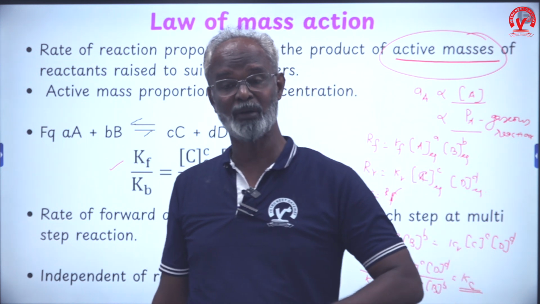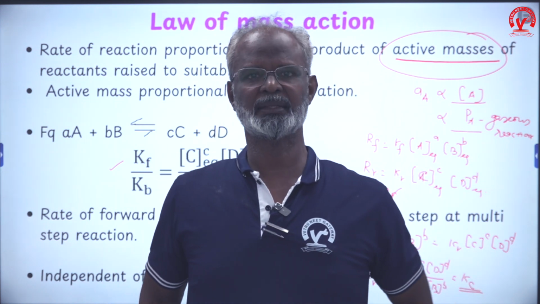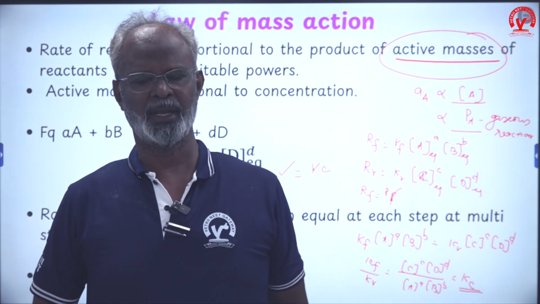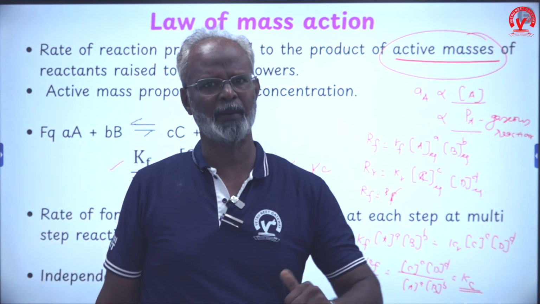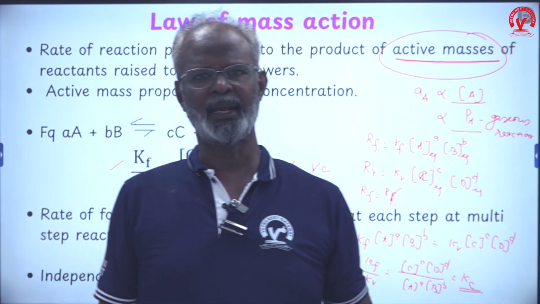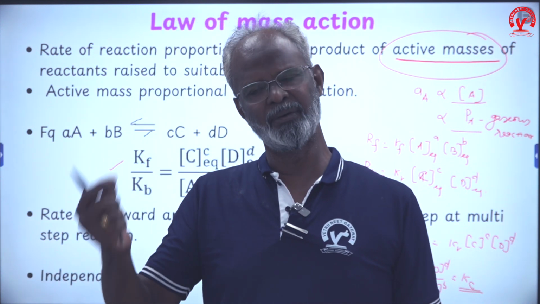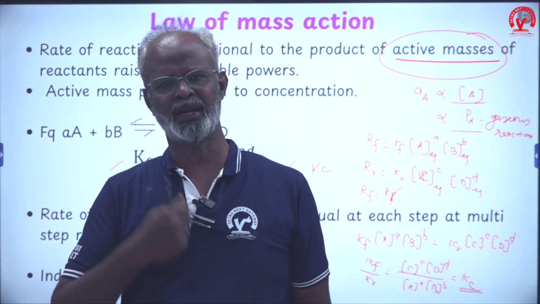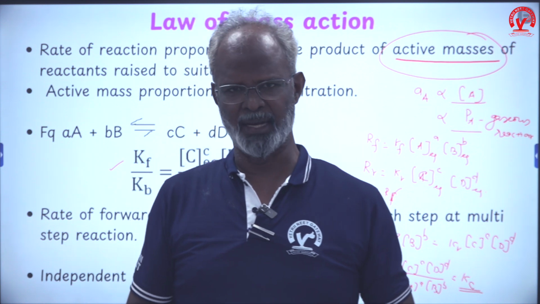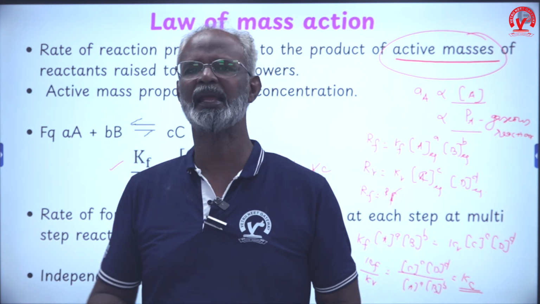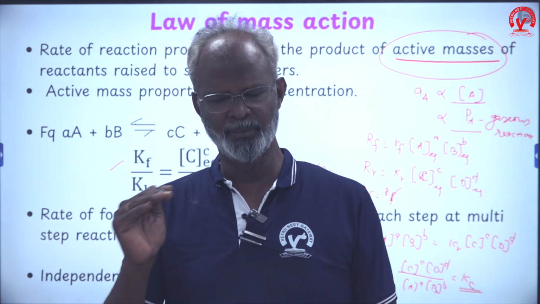This condition, rate of forward reaction equal to rate of reverse reaction, is even true for multi-step, complex reactions. So the equilibrium does not depend upon the reaction mechanism. It is assumed that in a multi-step reaction, at every step, the rate of forward reaction equals the rate of reverse reaction.